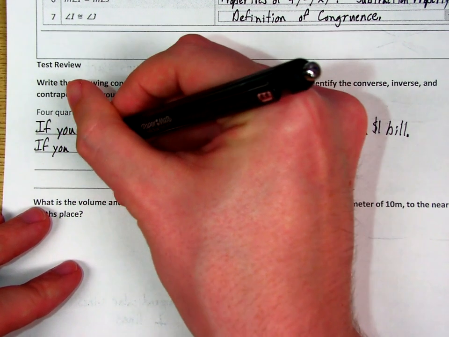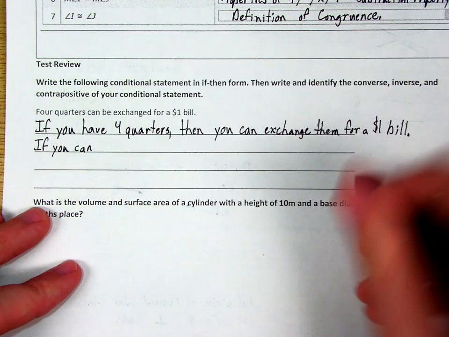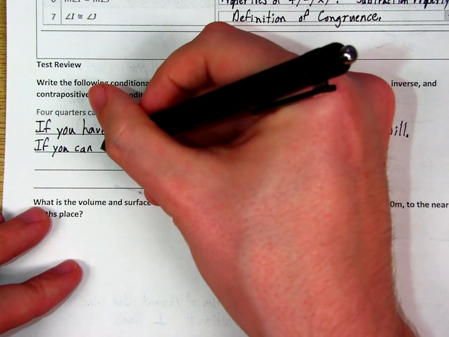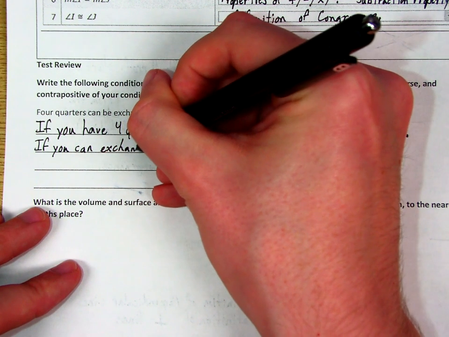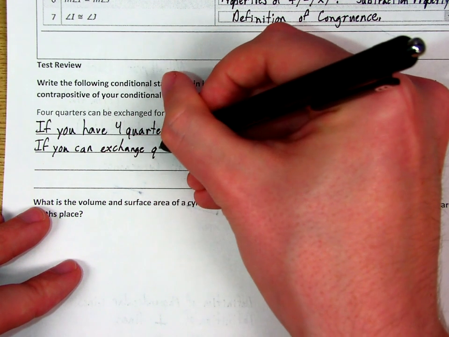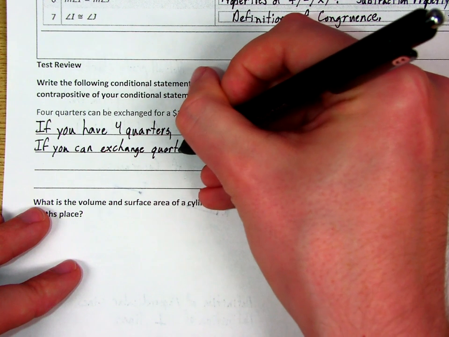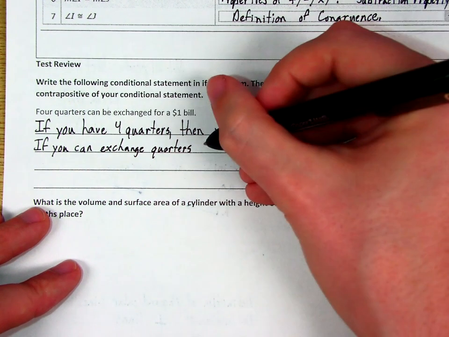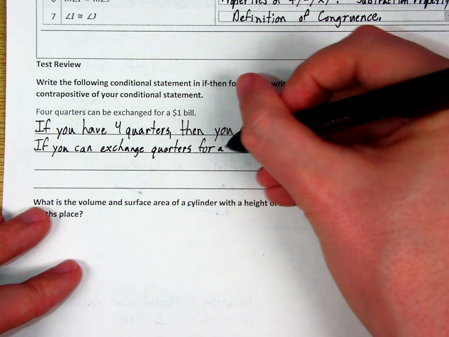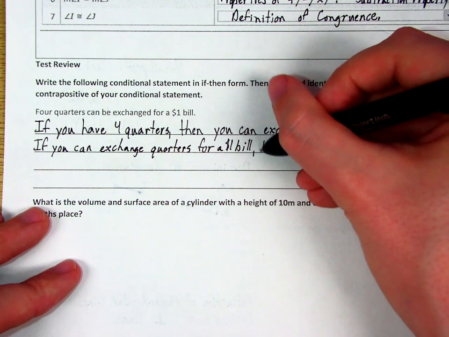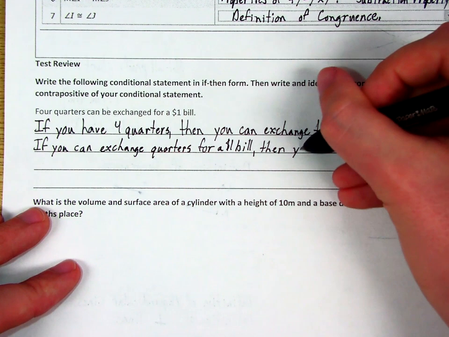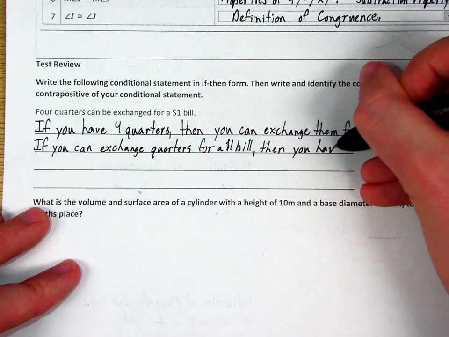Let's identify the converse. Converse is we swap the order. If you can exchange quarters for a $1 bill, then you have 4 quarters.